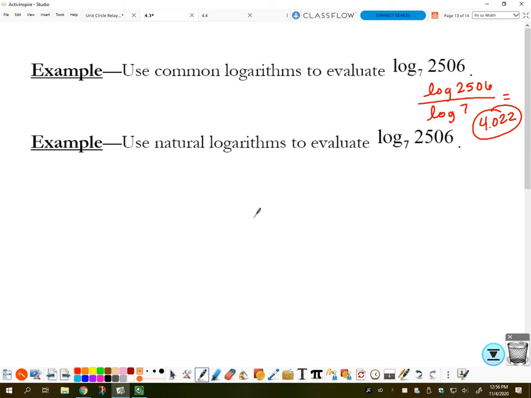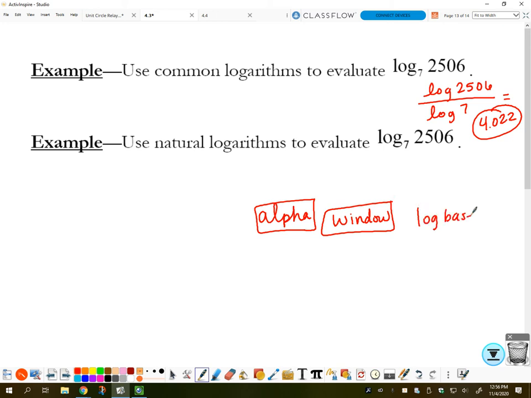If you have the new operating system on your calculator, then you're going to push the alpha button and then the window button and choose log base, which is option number 5.